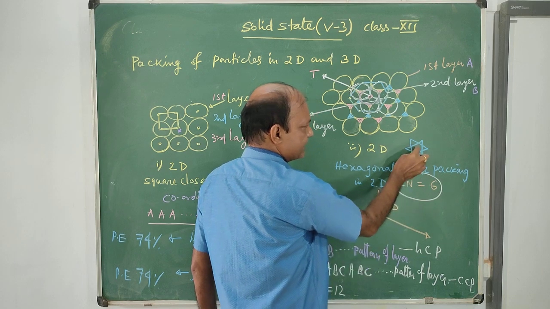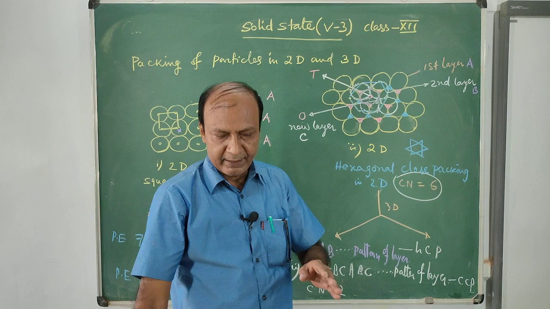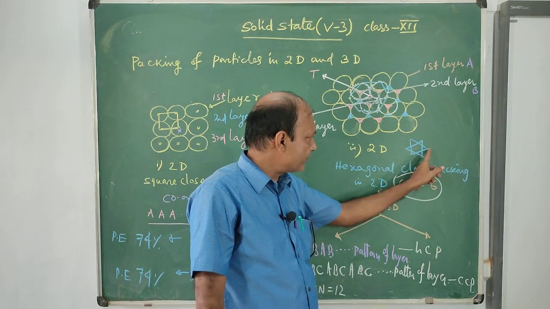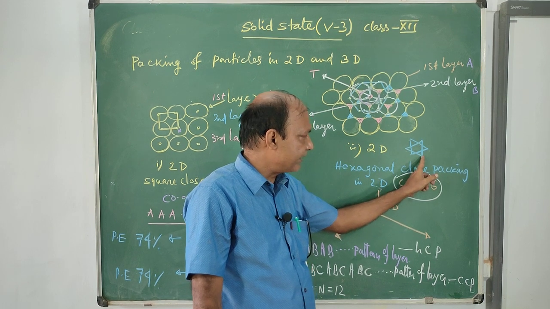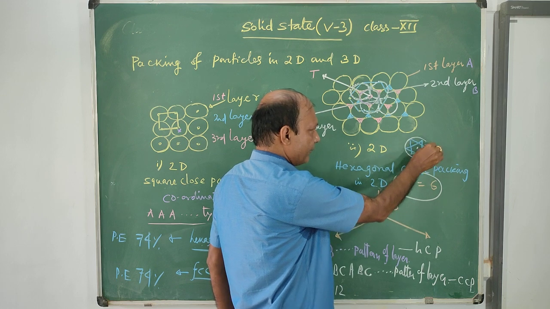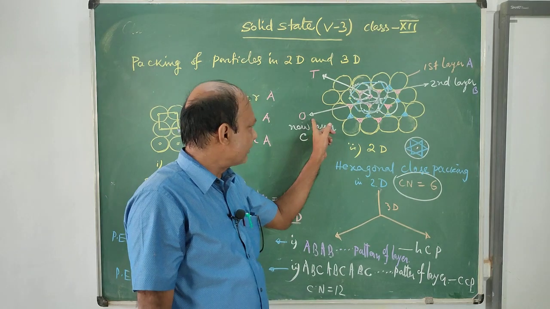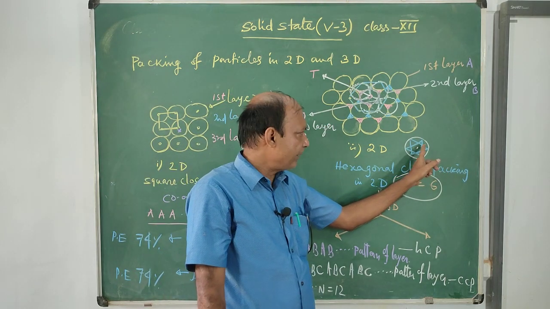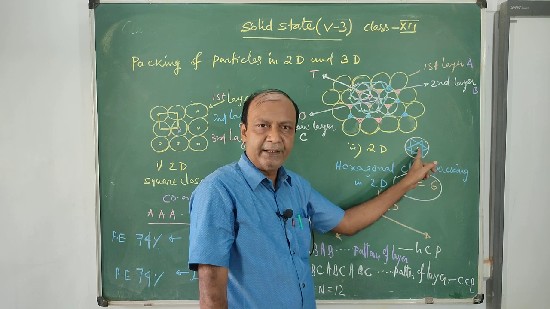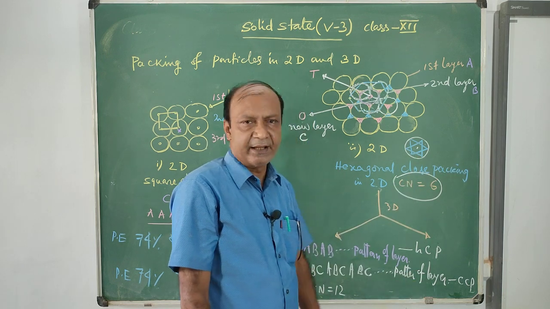Their apexes are in different directions. Just above it we are putting the particle in O. So these particles have a different arrangement because just below this particle there is no particle of layer B or layer A. So it's a new arrangement, that's why it is called layer C.